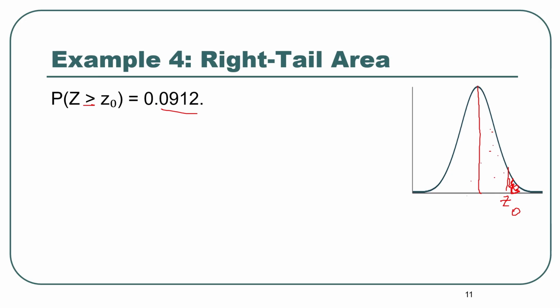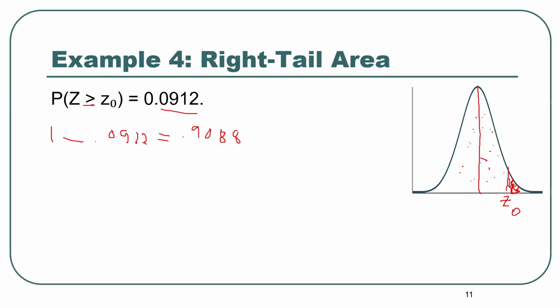I know that the area under the curve is 1, so this dotted area, the left area to this z-naught, is equal to 1 minus 0.0912, which will give me 0.9088.